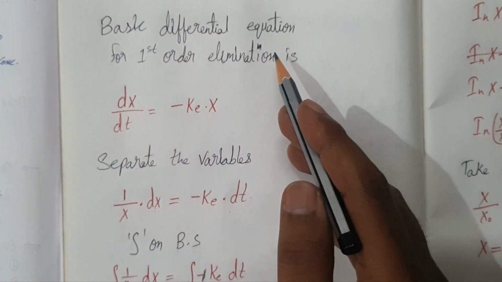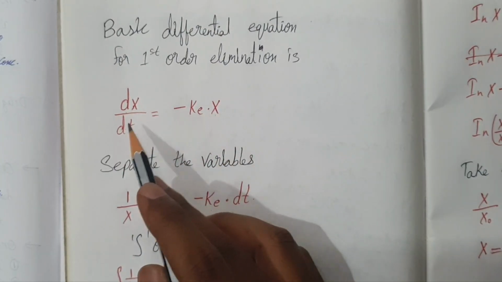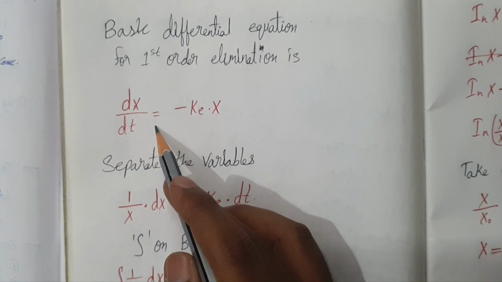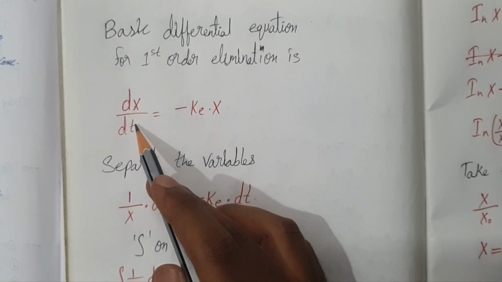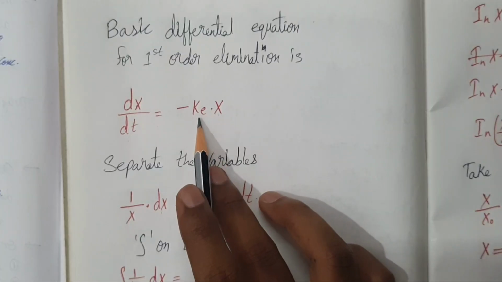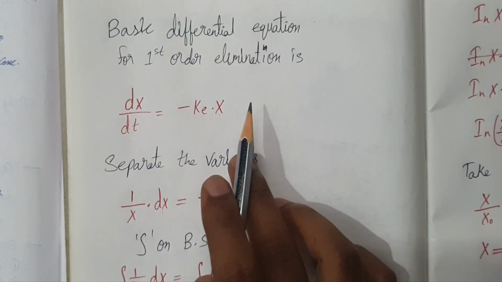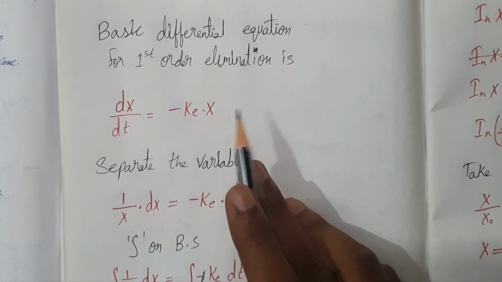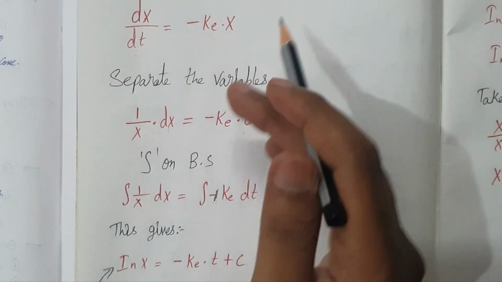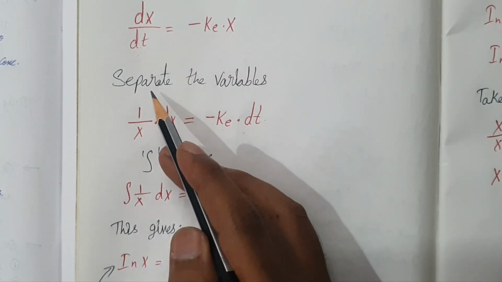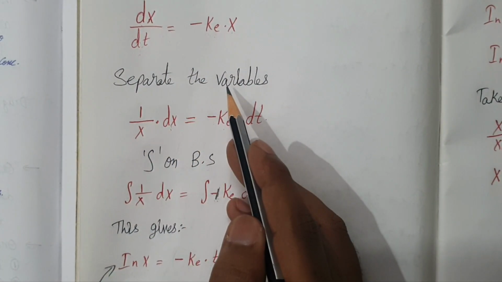The basic differential equation for first order elimination is dx by dt equals minus Kex. dx by dt is the rate of change of drug, Ke is the elimination rate constant, and x is the amount of drug in the body at time t. Now our next step, after getting this equation, will be separating the variables.